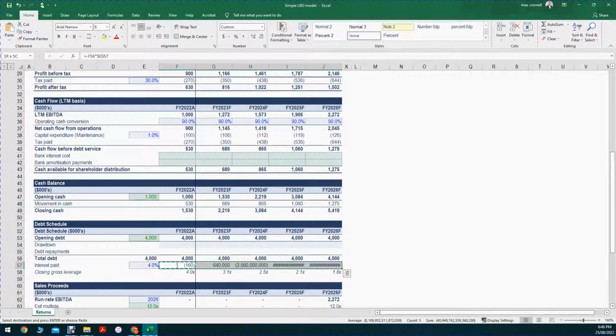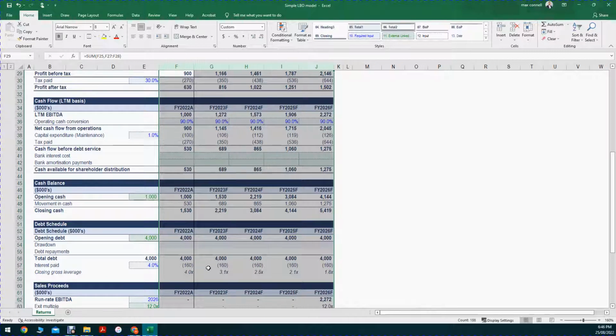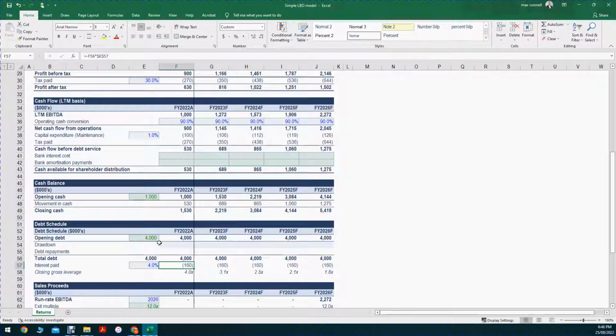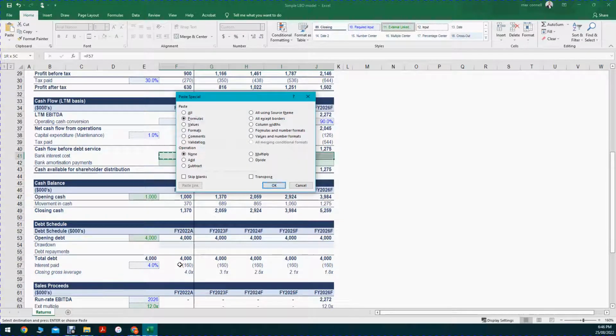There we go. So if this was a payment in kind loan, aka the interest accumulates, then you would move that above the line, because we wouldn't be paying out our cash, but we'd be accumulating that in our debt balance, and we'd be paying it off at exit. But we did say in this scenario that we're going to be paying this cash out every period. So this is correct. And we're going to link this in like so.